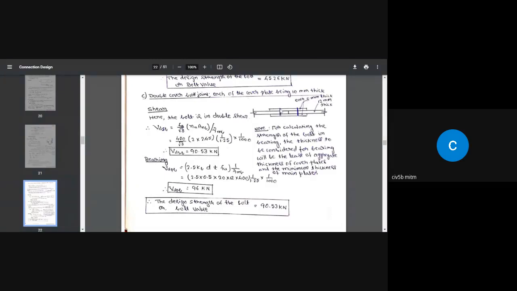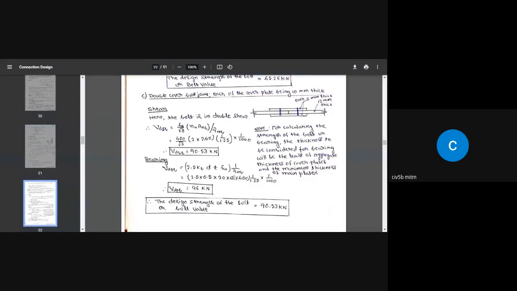And this side for the cover plates, okay? So in this case, when you come to bearing, VDPB equal to 2.5 kb d t Fu divided by gamma mb, 2.5 multiplied by 0.5, we calculated 0.5 already. D is the diameter of the bolt, 20, and t is 12 millimeter.